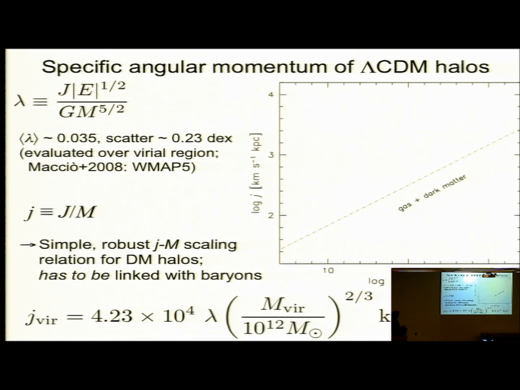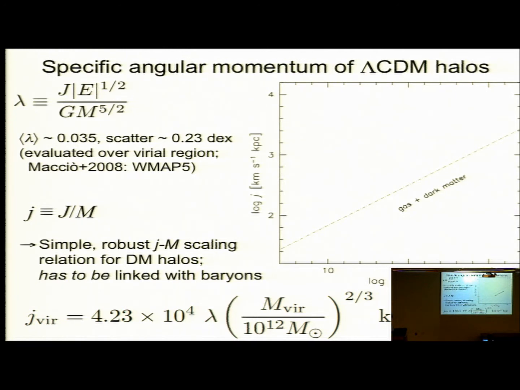Now, using this to set our initial conditions for galaxies, you can convert this spin parameter into physical parameters. If you know the virial mass of the galaxy, on average, you have a robust prediction for the specific angular momentum. In this plot I represent that as this mean line of the initial conditions of the galaxies.